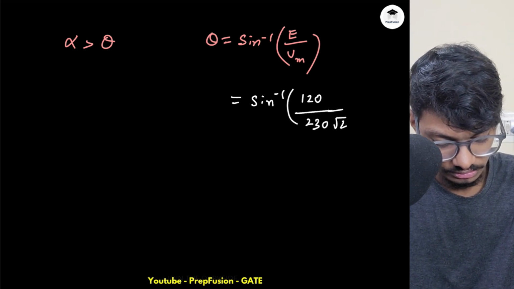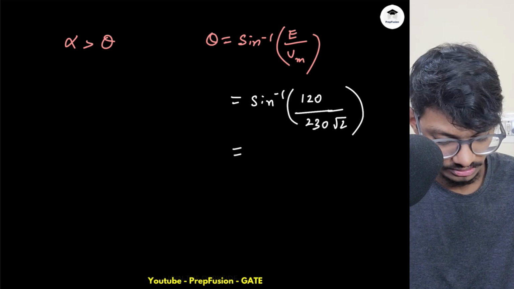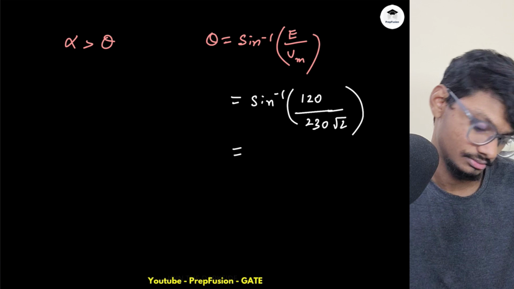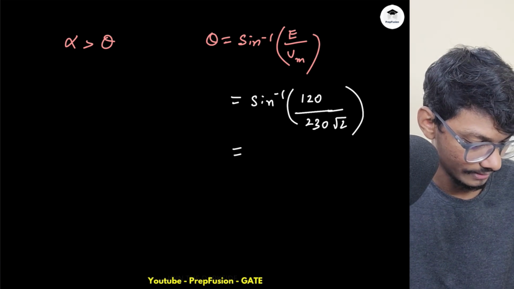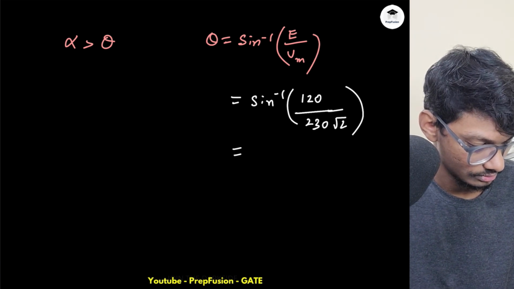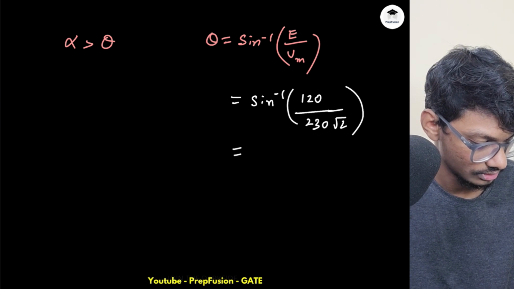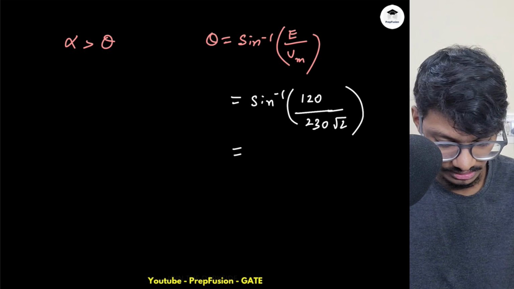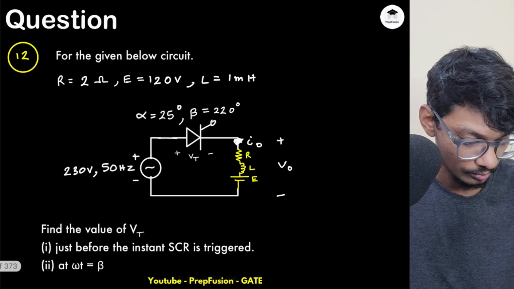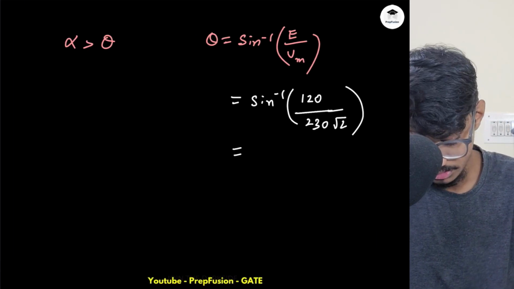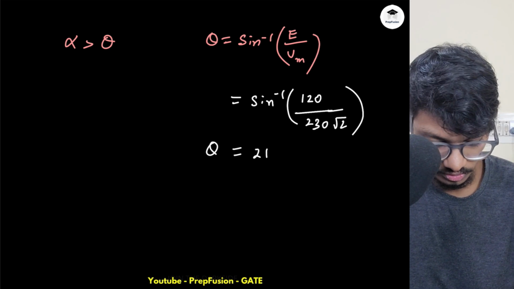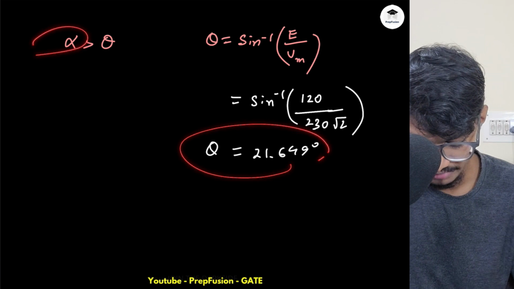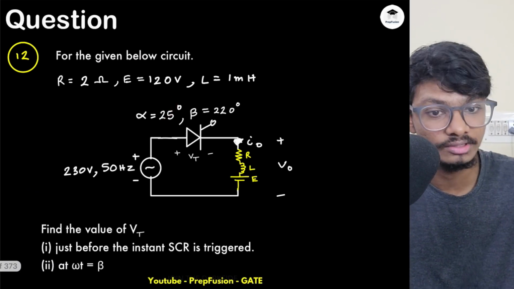So if I compute this, it is 120 divided by 230 into root 2, and if I take the sine inverse, it is 21.649 degrees. So theta is 21.649 degrees, and my alpha is greater than this. What is alpha? Alpha is 25 degrees. So fine, my SCR will be in forward blocking mode.